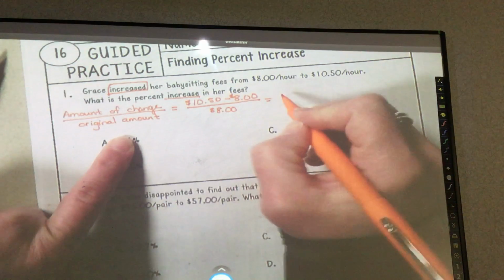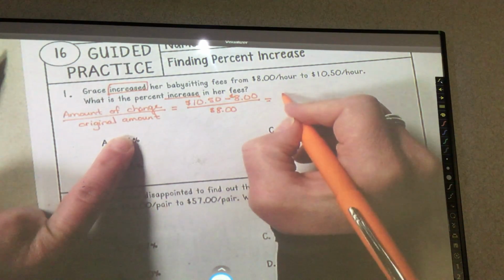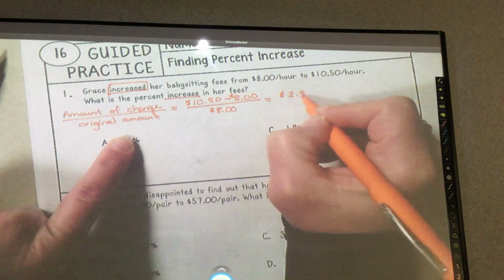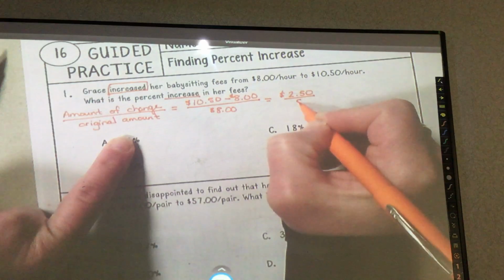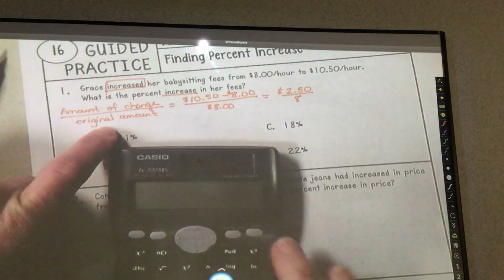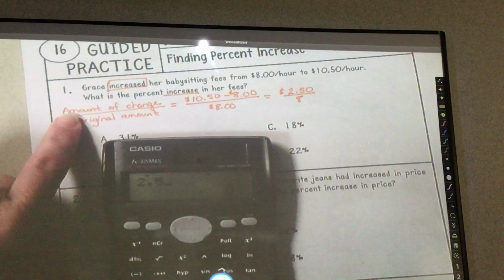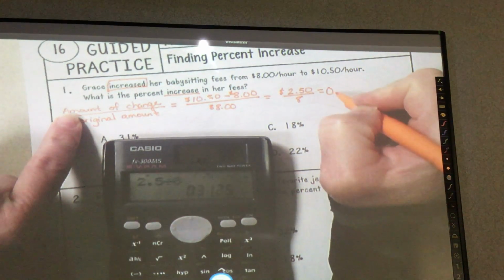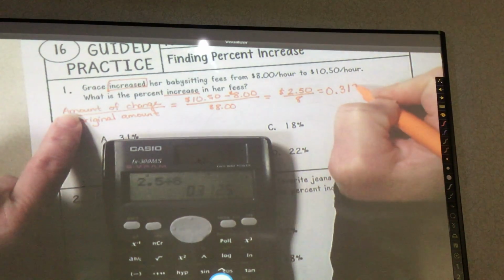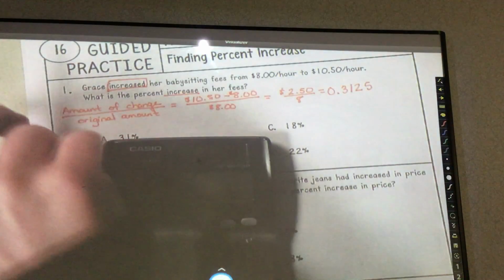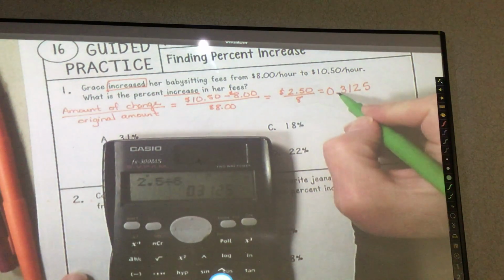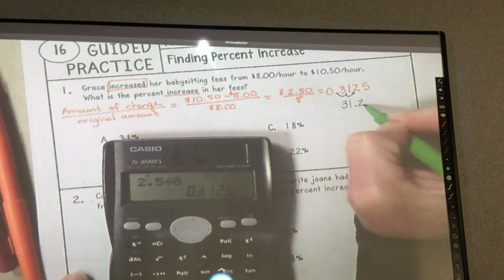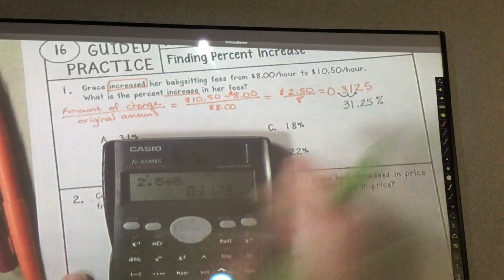So then 10.50 minus 8 would be what? $2.50, over, I'm just going to make it 8. So on my calculator, I'm going to take 2.50 divided by 8, and I get 0.3125. But we need to round it and change it to a percent, move it over twice, so 31.25%.